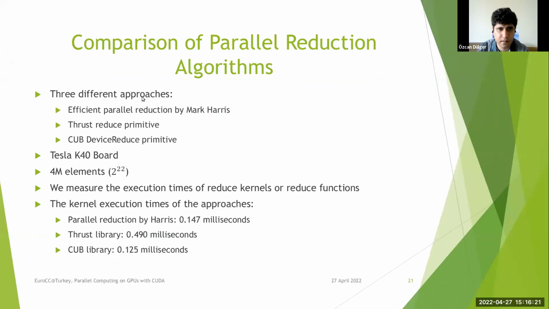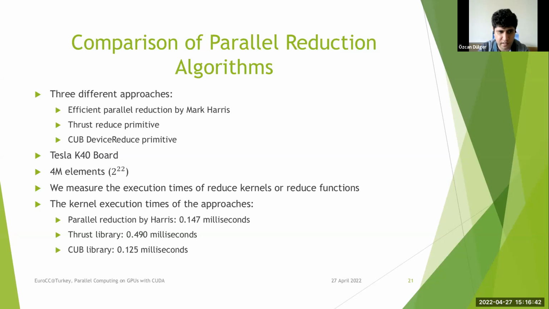Okay, I will compare three different approaches: the efficient parallel reduction proposed by Harris, the Thrust reduce function, and the CUB device reduce function.